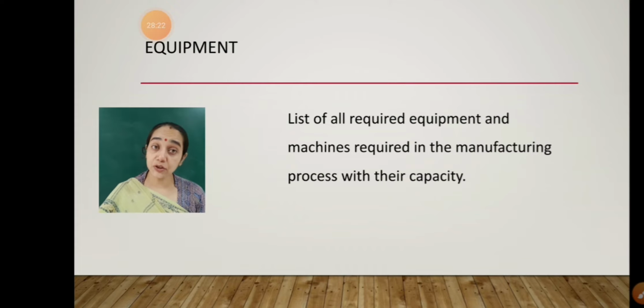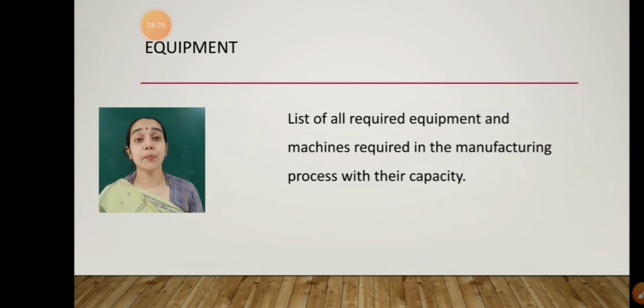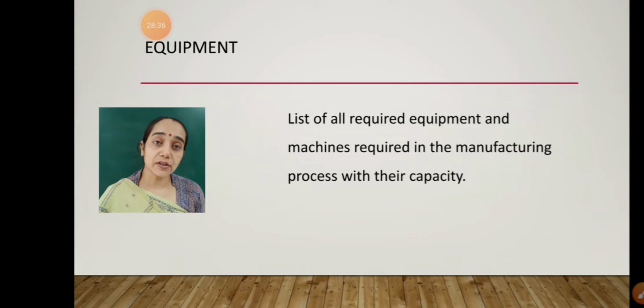It will also list all the equipments which will be utilized to evaluate the quality of the product. For example, I am discussing the tablet over here, so all kinds of hardness testers, the friability tester, disintegration test apparatus, and dissolution test apparatus.